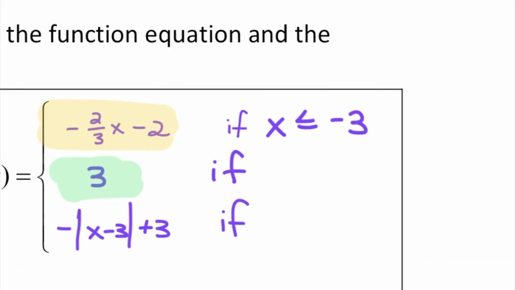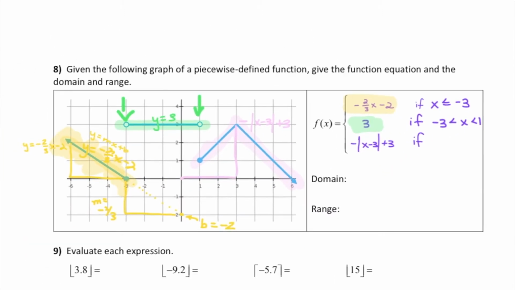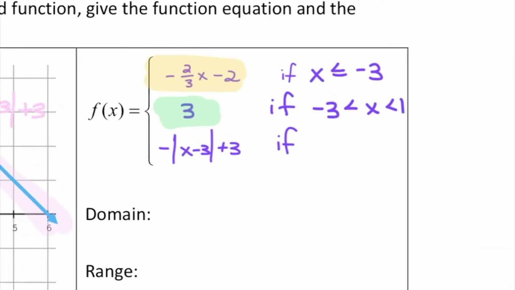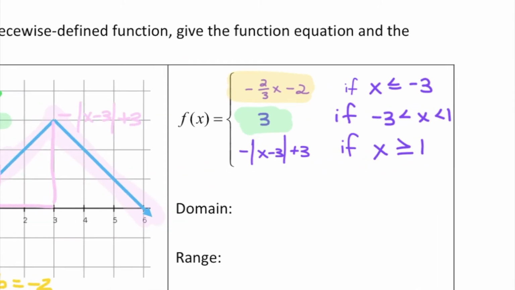And so this is going to be from negative 3 less than x, to positive 1, not including either negative 3 or positive 1. And then the last part of the graph starts here at positive 1, including the positive 1 because of the closed circle, and goes to infinity. And so we're going to say if x is greater than or equal to positive 1.